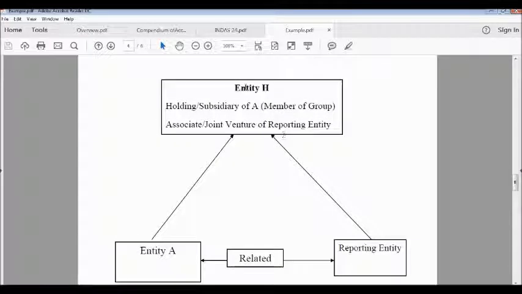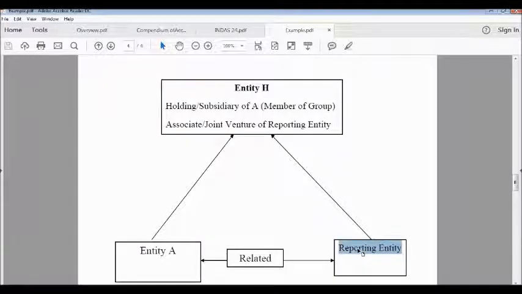Suppose entity H is there, and entity H is a holding company or subsidiary of entity A. Holding or subsidiary in Ind AS 24 means a member of a group. So entity H is a holding or subsidiary of entity A, and entity H is also an associate or joint venture of the reporting entity.